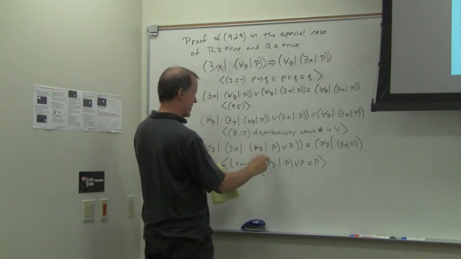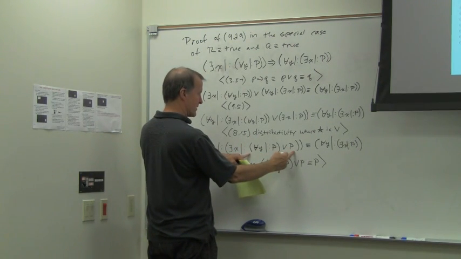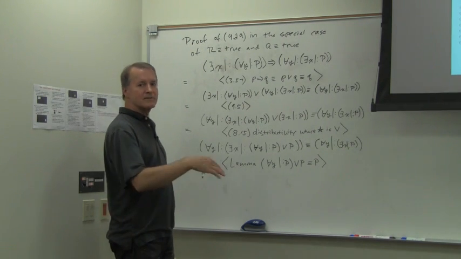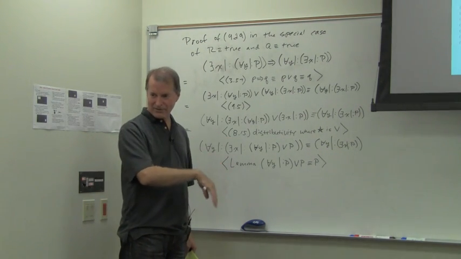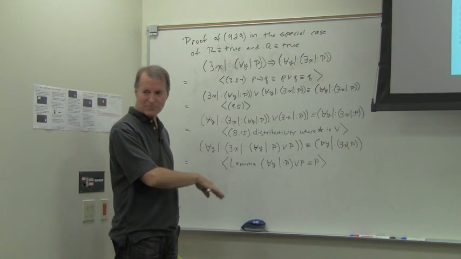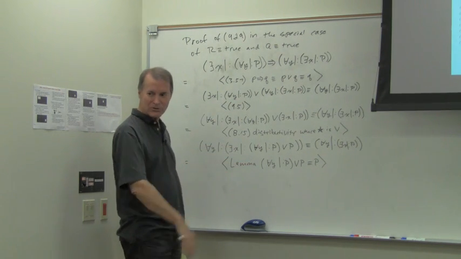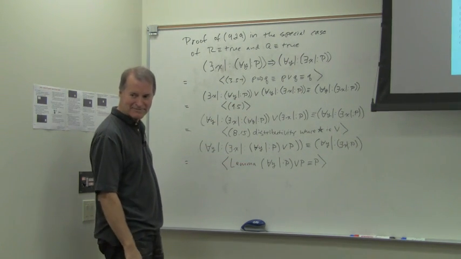Which happens to be this. Are you with me? That just happens to be this. Now we have to prove that. We'll have to prove that later, after we finish this proof, then we'll prove the lemma. But take my word for it. We'll do this in a minute. Are you with me?